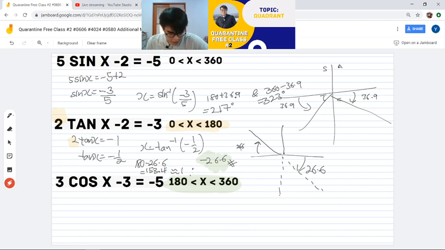Some calculation error: you guys pointed it out, it should be 153.4. Then your answer after correcting it to three significant figures should be 153. Sorry for that.